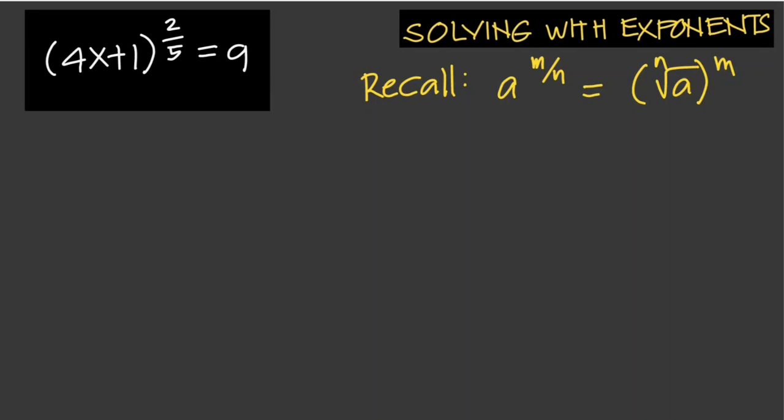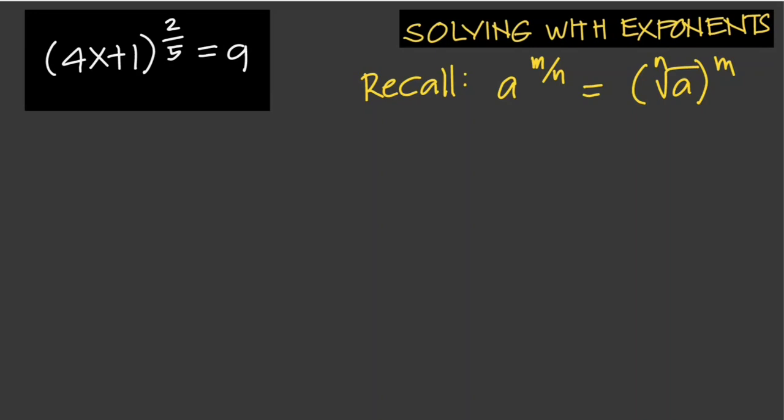Once we have done this, we can clear the exponent using either the even or odd root property. Then we can clear the radical by raising both sides to an exponent. And you have to take note that you have to check answers if the index is even. I've already discussed this in the other video.